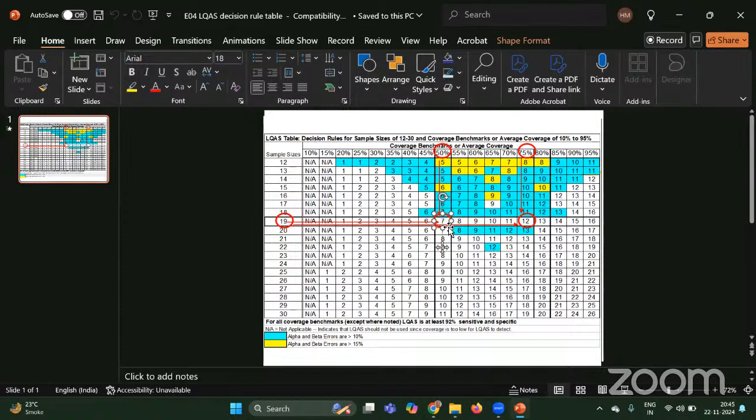Bombay municipality says that 75% of people are covered, and yours says that out of 19, only 12 are. So you can say that it is not beyond 75%, like this. So this is how this table is to be utilized. This is the rule table and how you utilize it.